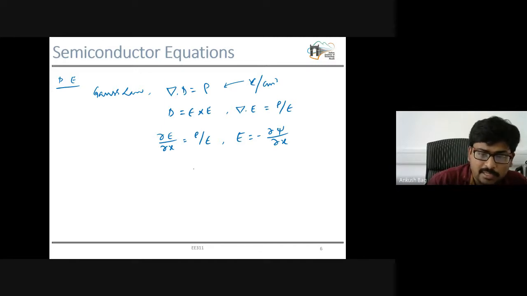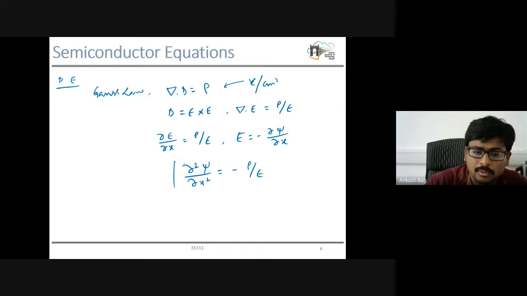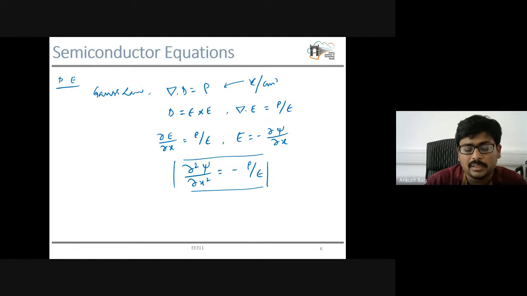Finally, you will get Poisson's equation, which is d2 psi/dx2 equals minus rho by epsilon. So Poisson's equation is nothing new, simply a detailed or extended version of your Gauss law. It gives the relationship between the charge density, the charges in your device, and how the electric field or the potential is related to the charges.